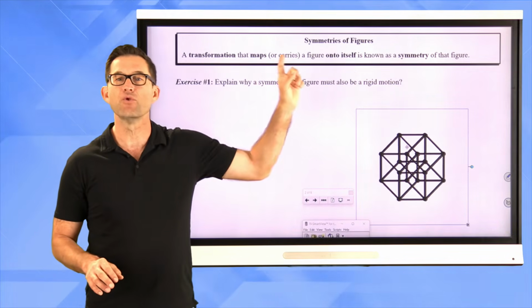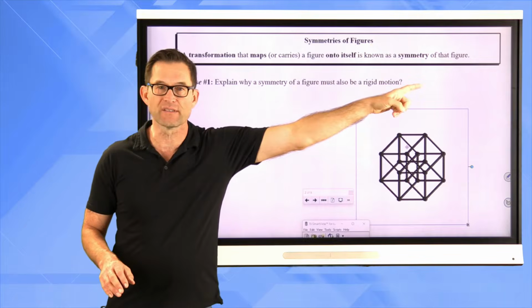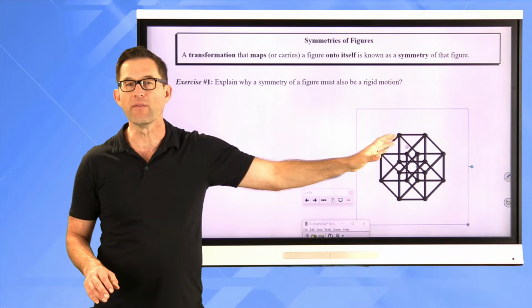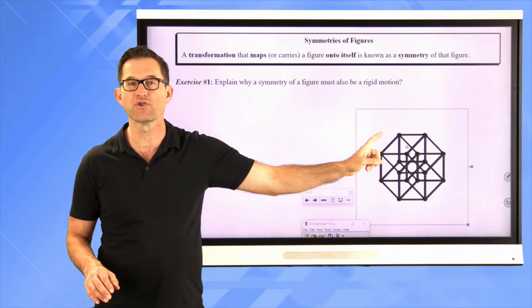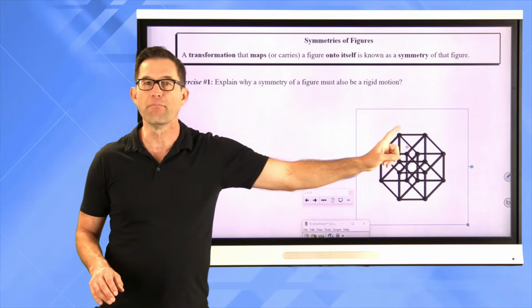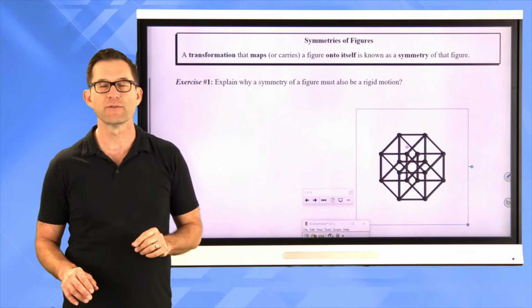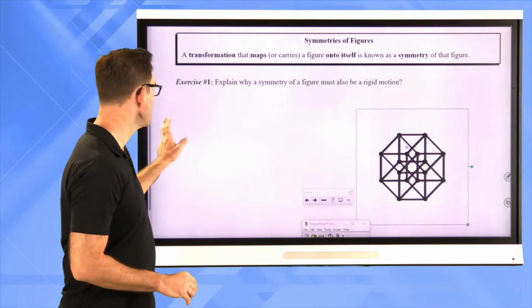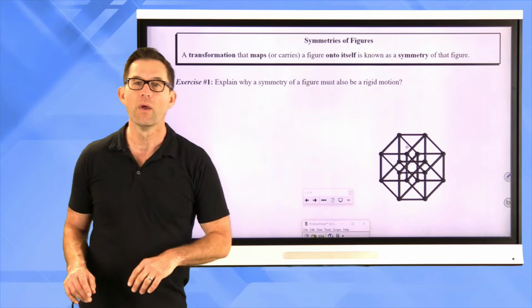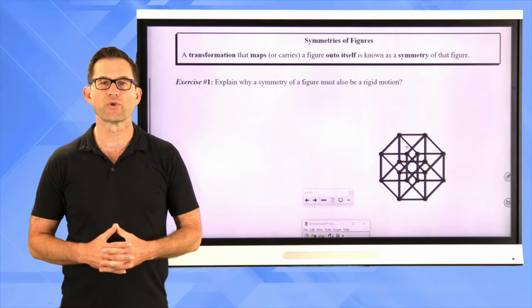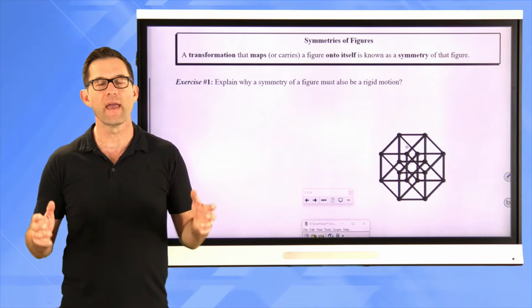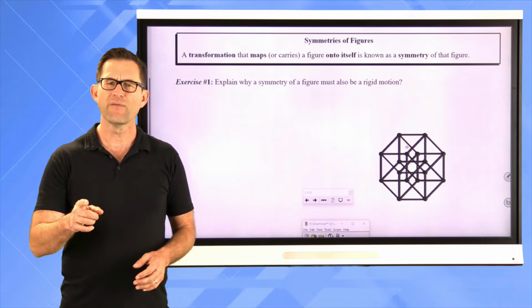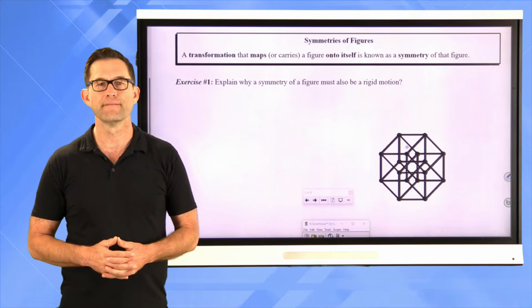And that's what it means to map a figure onto itself, meaning that every point that I do the transformation on lands on a point from the pre-image. So now let's go back to the question in exercise number 1, which is to explain why a symmetry of a figure must also be a rigid motion. Pause the video now and see if you can explain that.